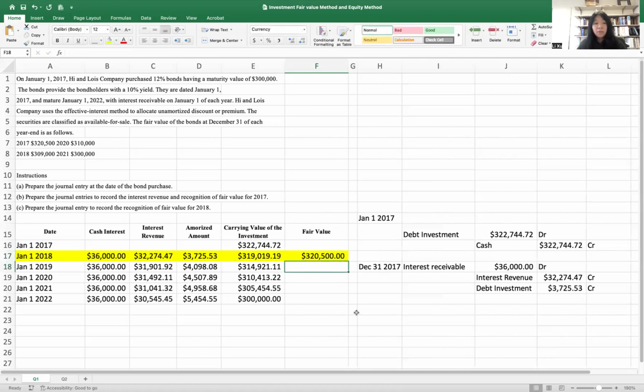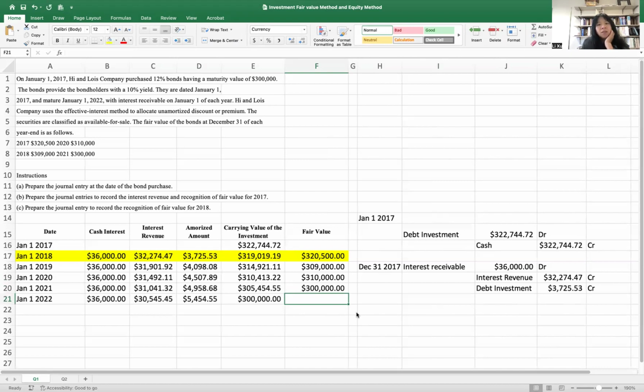So that's how much you have at the end of 2017. That's how much you have at the beginning of 2018. And the next one is 309,000, and next one is 3110. Next one is 300. So that's all the information we have.